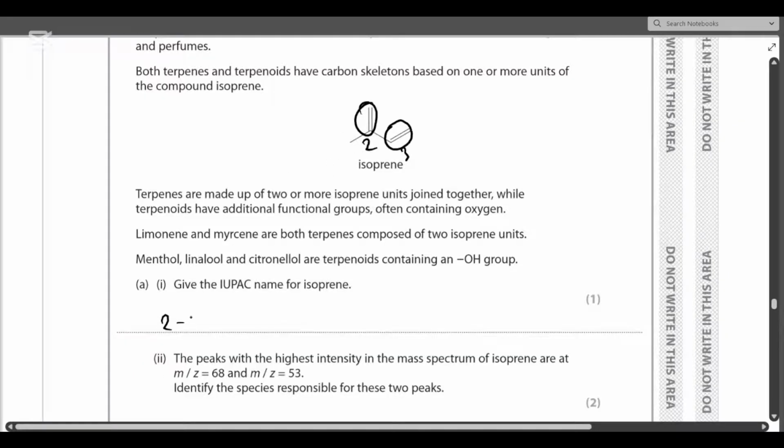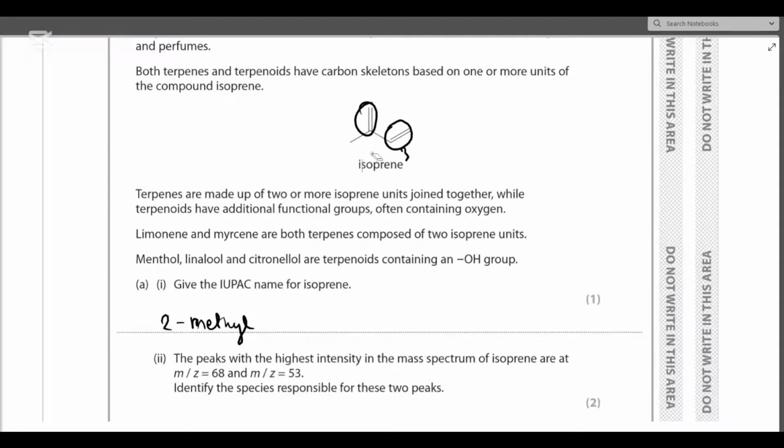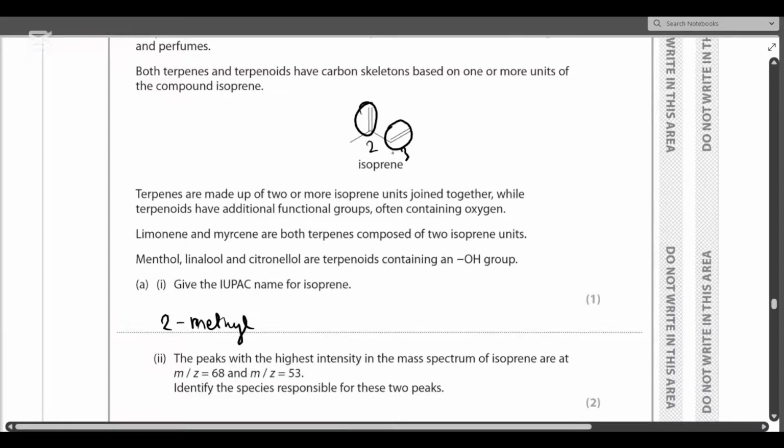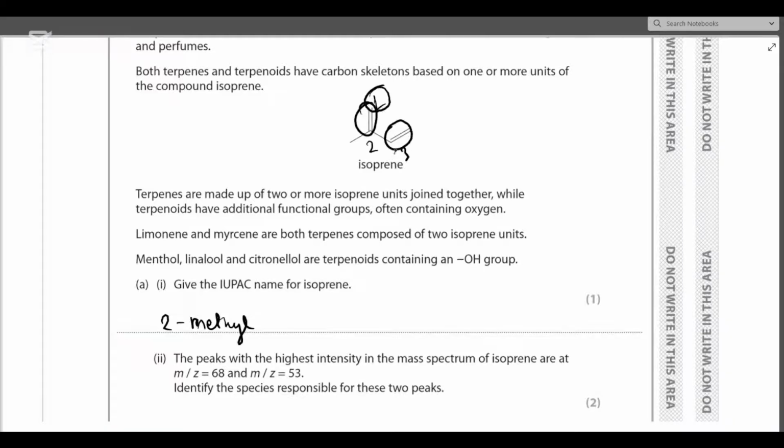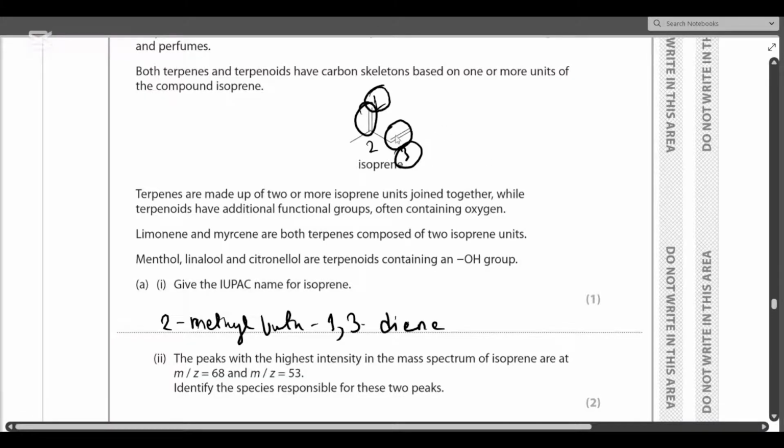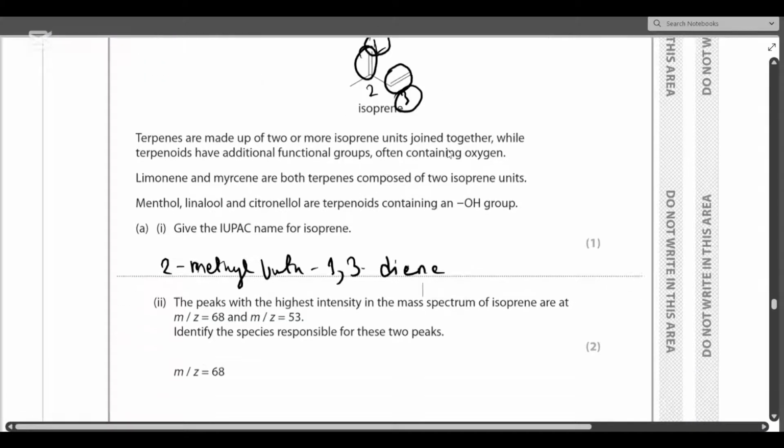So you can write it down as 2-methyl, and that is one carbon down here. So we can just write this carbon and this carbon, 1, 2, 3. So we can give 2-methyl, and since the straight chain consists of 4 carbons, obviously it's going to be buta-1,3-diene. The diene basically comes from the presence of the alkene functional group in this isoprene compound.